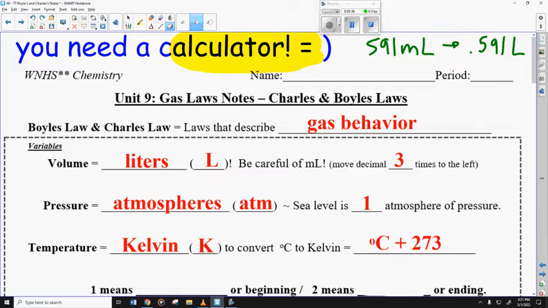So 1 degree Celsius is the exact same size as 1 degree Kelvin. It's just that Kelvin is 273 degrees ahead of Celsius, where, for example, 100 degrees Celsius would be 373 degrees Kelvin. So just kind of watch out for that sort of thing. Most of the problems I give you, at least at first, will be in Celsius, and you need to remember to add 273 to convert that before you move on and actually start your calculations.